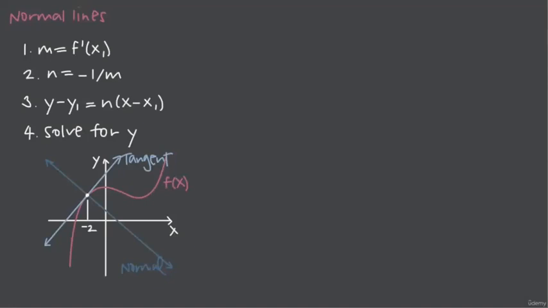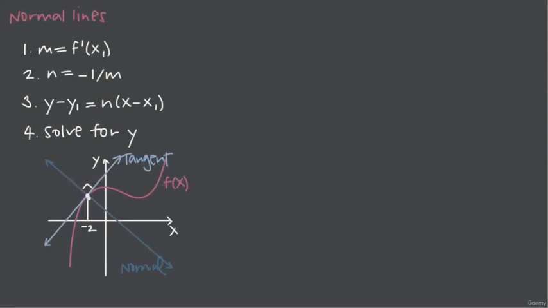And what we would want to indicate is that we have here a 90-degree angle because the normal line and the tangent line are always perpendicular to each other. That is the definition of the normal line, that it's perpendicular to the tangent line. So we have a right angle here, or a 90-degree angle. So this light blue line would be the tangent line to f of x at -2. And this dark blue line would be the normal line to f of x at -2.